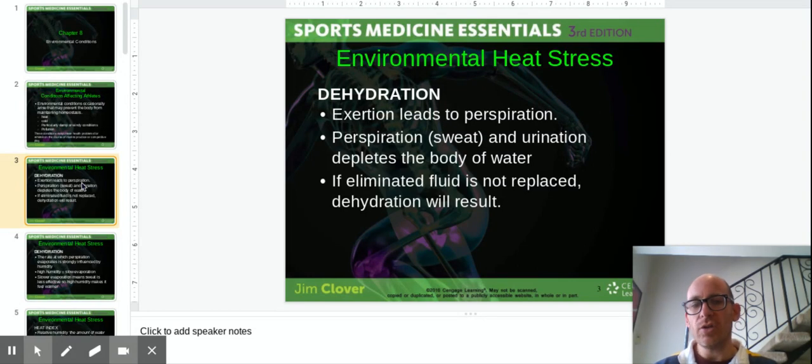The way that you can assess yourself for dehydration is urine color. It should be straw colored or translucent. If it's at all dark, yellow, orange, brown, then you have problems. Other ways to assess hydration is the quality of the skin.